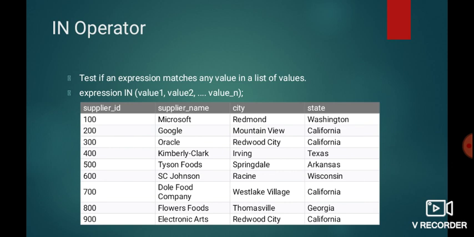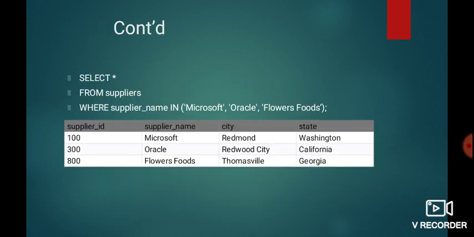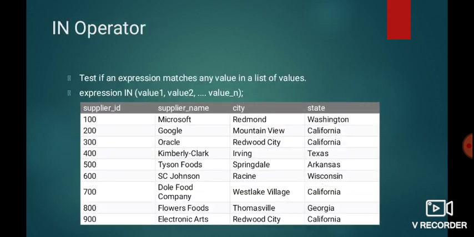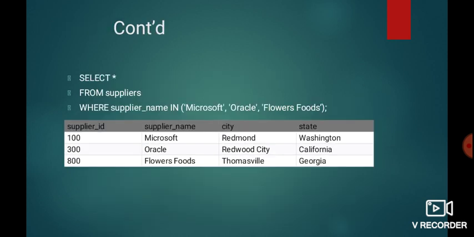So this is a table of suppliers. We will see the example of the IN operator. The table fields are supplier ID, supplier name, the city to which that supplier belongs, and the state of that city. What we are taking is: select star from suppliers where supplier name in Microsoft, Oracle or Flowers Foods.